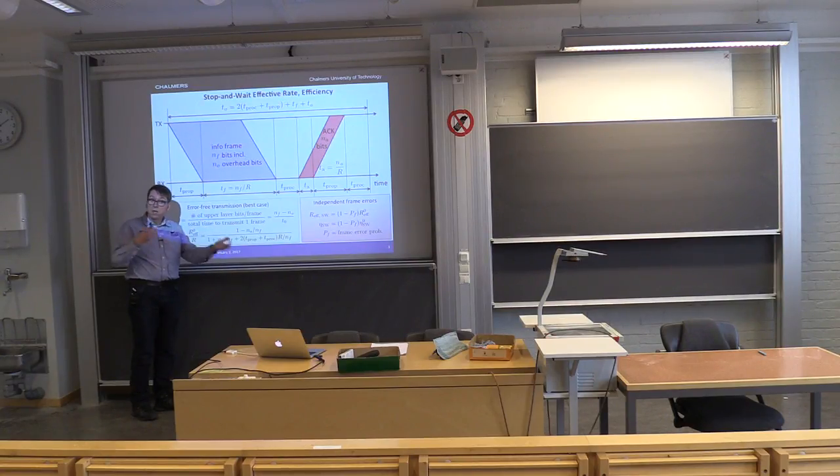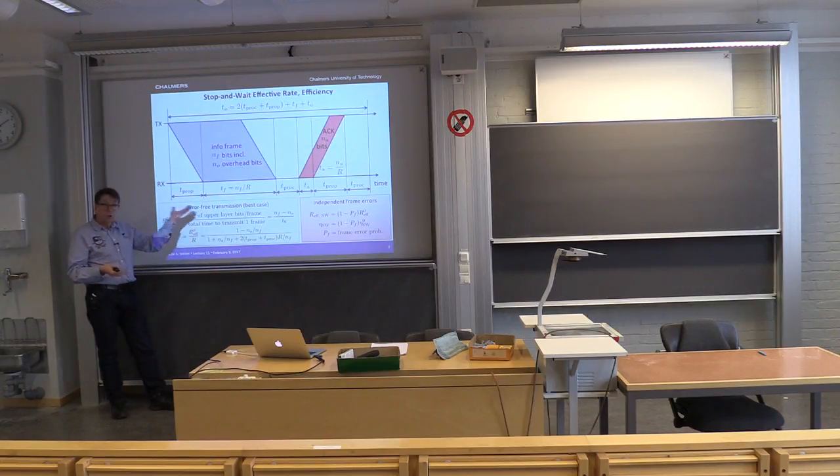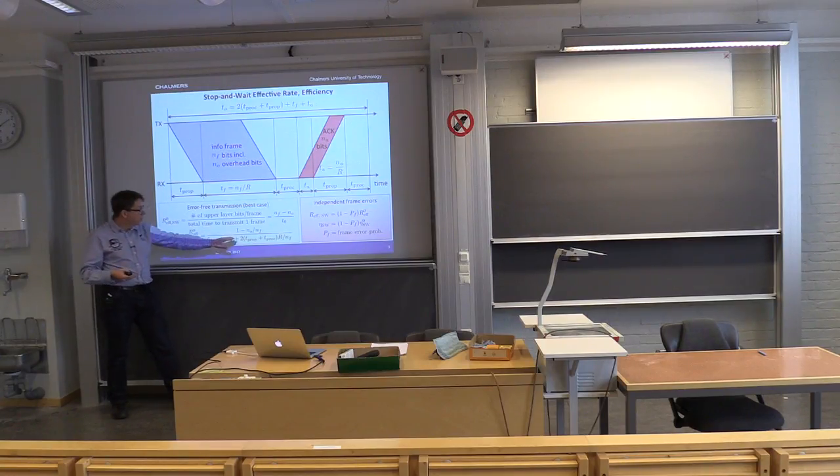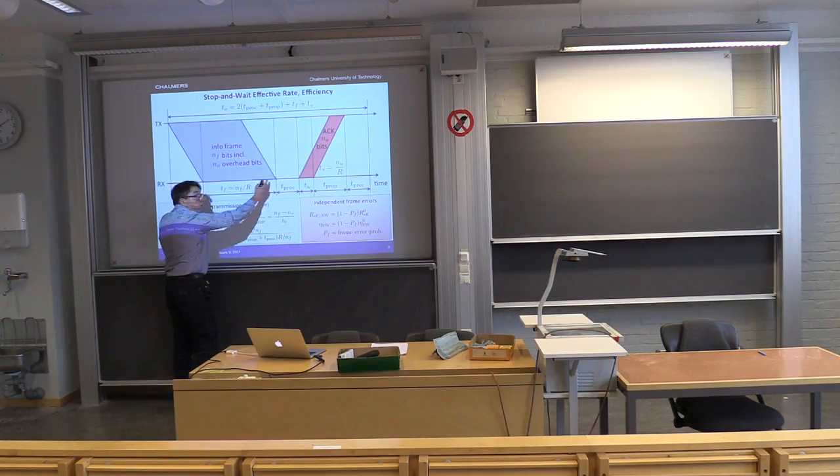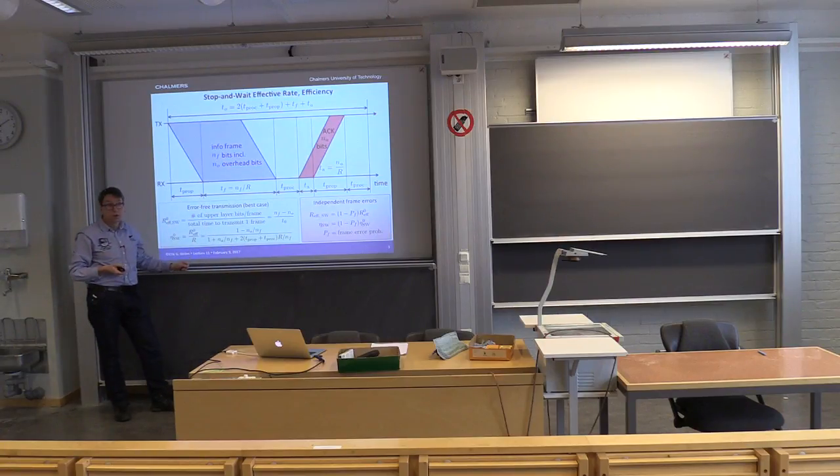So we will see that we can do that with the other protocols that we will discuss later today. But this is stop and wait, and it's simple, and it works well as long as this quantity is not too large. Because then the idle time here would be very small compared to the time when we actually are using the channel. Questions?